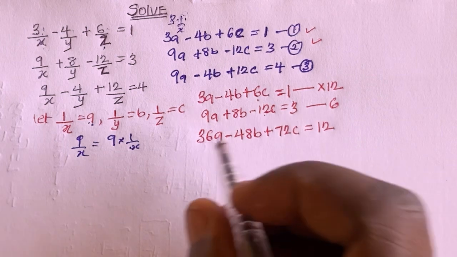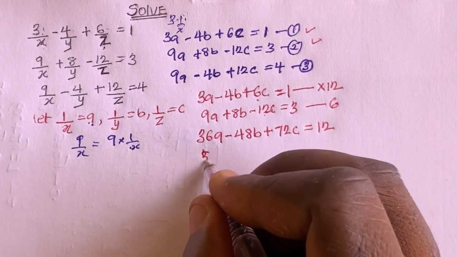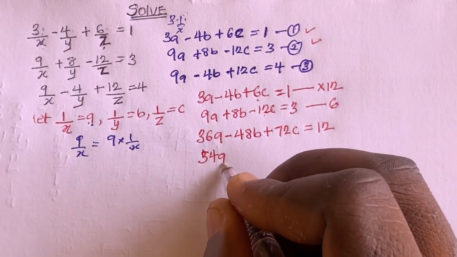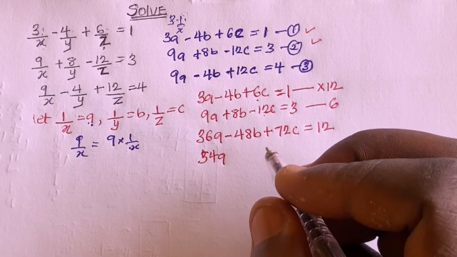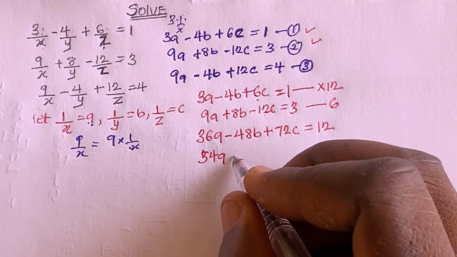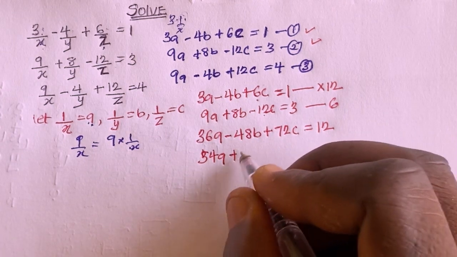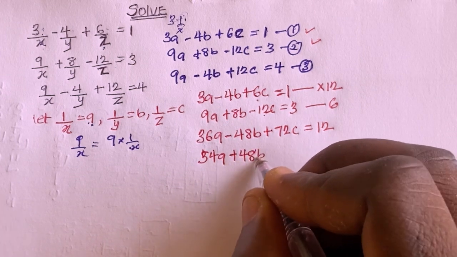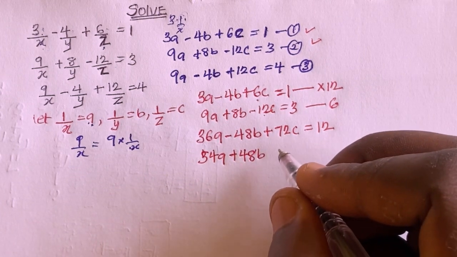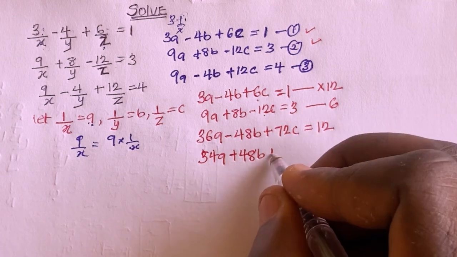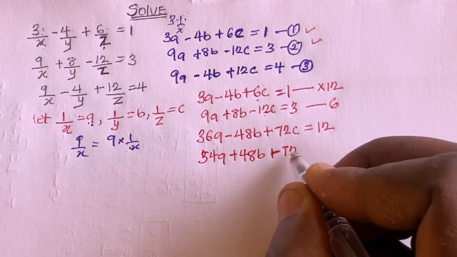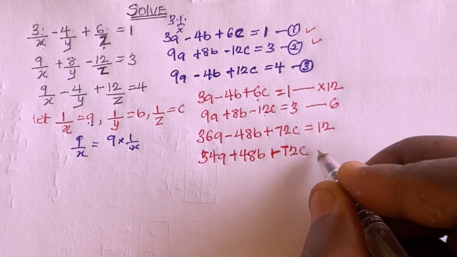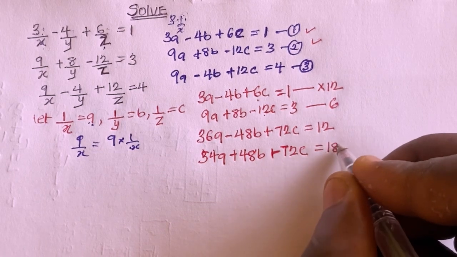The next one, 6 multiplied by 9, 54a, then 8 multiplied by 6, that should give us plus 48b. Then 12 multiplied by 6, that's minus 72c, equals to 3 times 6, that's 18.